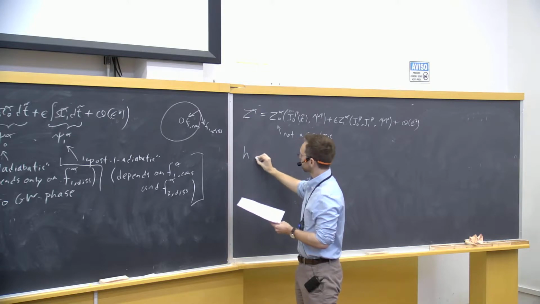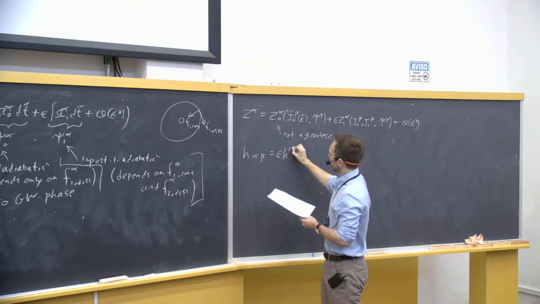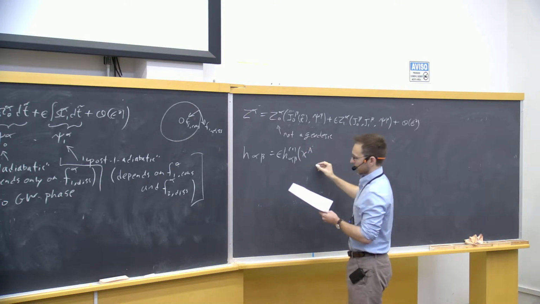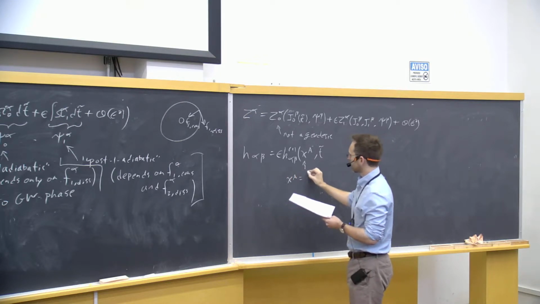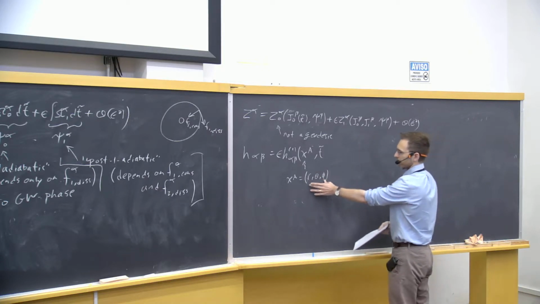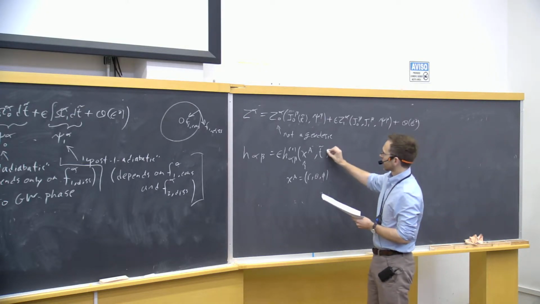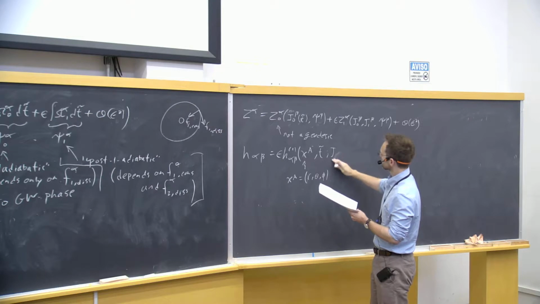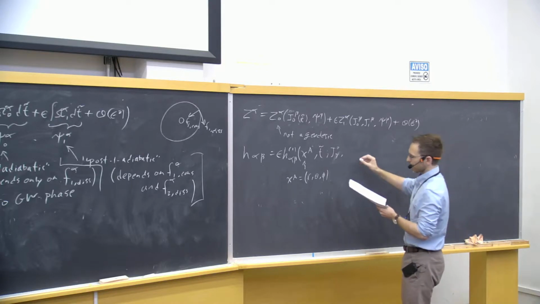And the metric perturbation now has a form similar to this, where we've got a first order perturbation, which depends on x^A, where by x^A I mean r, theta, phi on spacetime, not on the orbit, and it's a function of slow time. And then it has dependence on J0 and the phases.